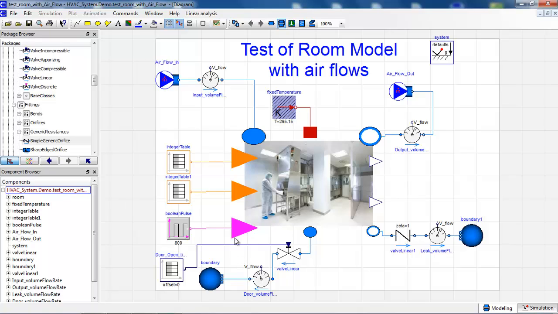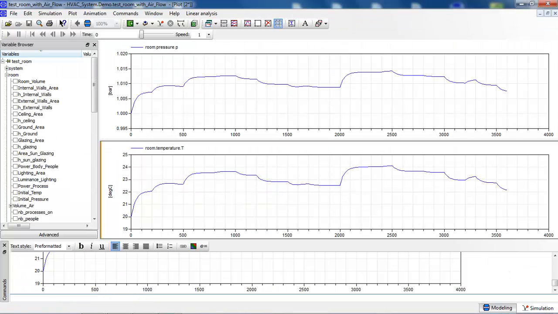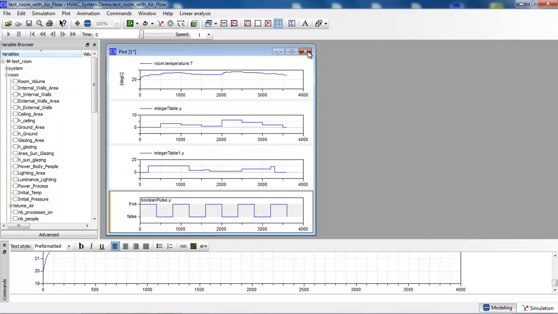And I will also parameterize a valve open and closed to simulate a door opening and door closing. Now I will simulate the same model.